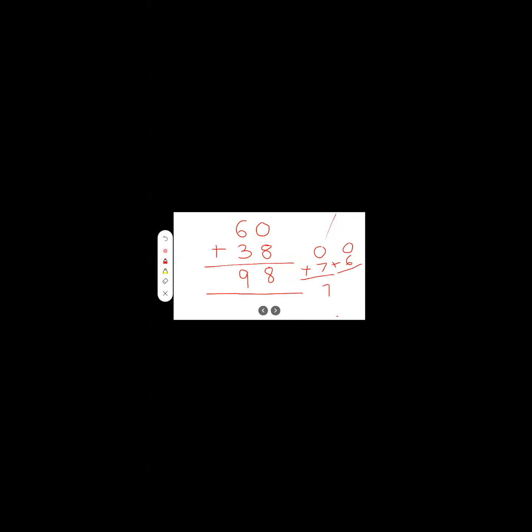What will be the answer? 6. Then 0 plus 5. Answer will be 5. Like this. 0 plus 8 will be 8. And 6 plus 3 will be 9. So answer is 98. Understood? Okay.